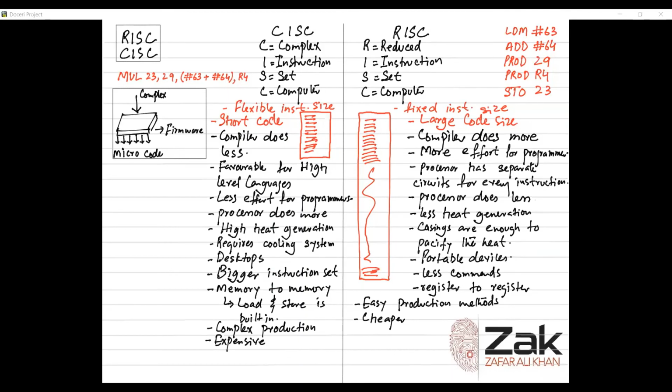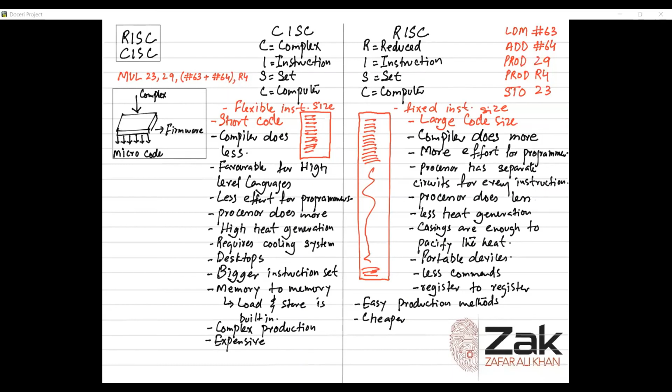So let's just generalize it in common sense. In common sense, all those devices which have ways to get rid of heat are basically CISC heavy, because the processor is doing more. When the processor is doing more, electrons are flowing more. There is more friction. When there is more friction, there is more heat. When there is heat, you have to get rid of the heat. Whereas in RISC, the processor is doing less, so there is less heat.